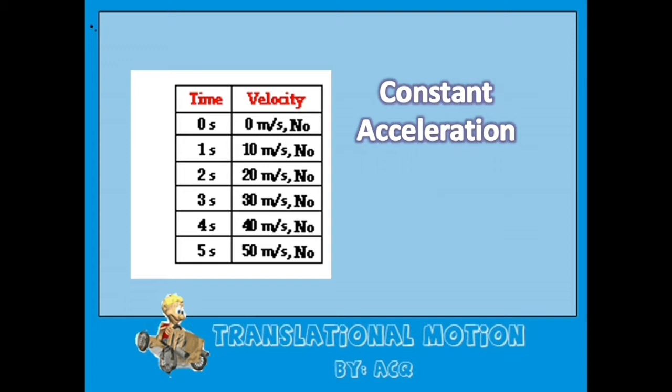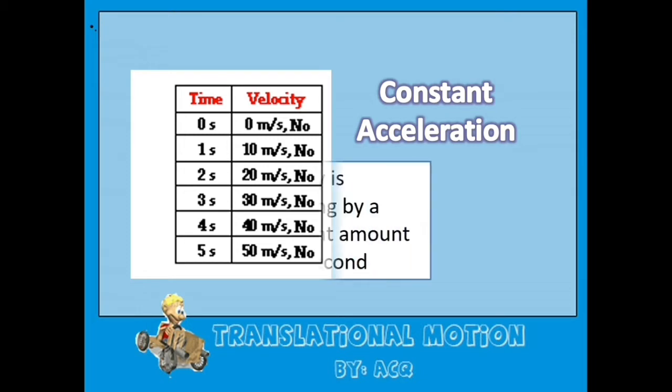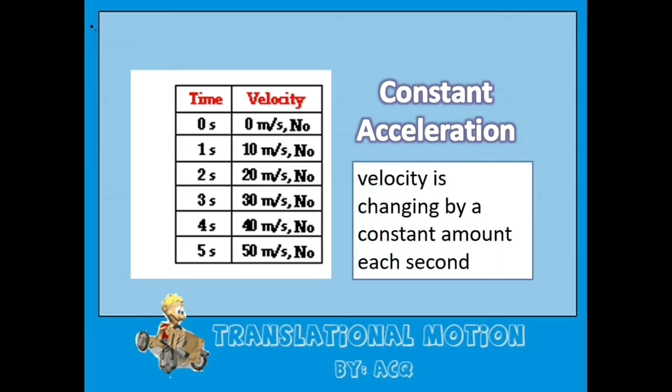So consistently, 10 meters per second was added to the velocity per second. So that is a constant acceleration. That means the amount added to the velocity is the same. Or it's defined as the velocity changing by a constant amount each second.